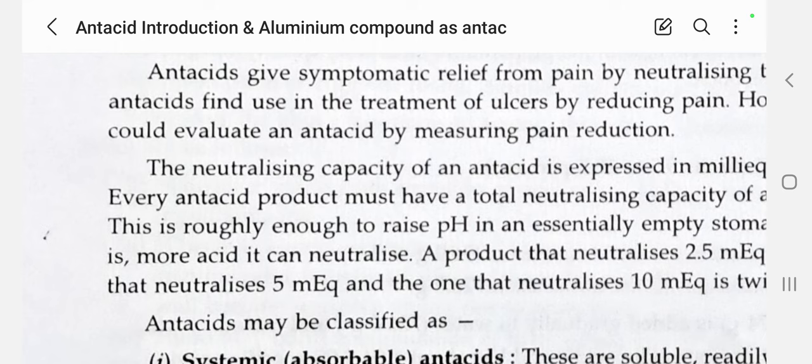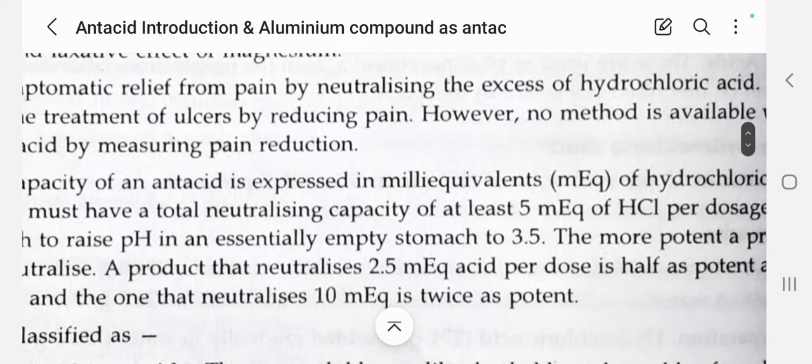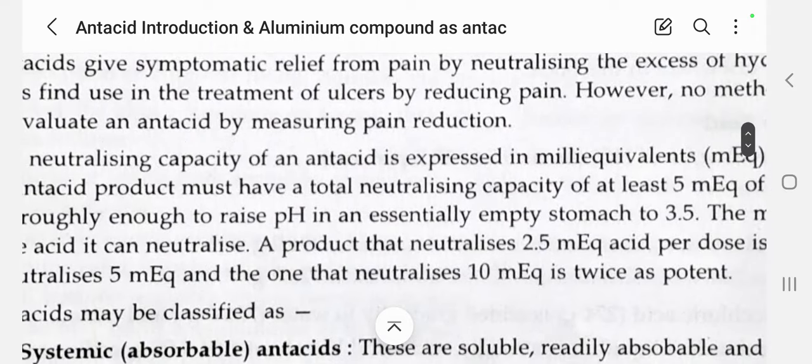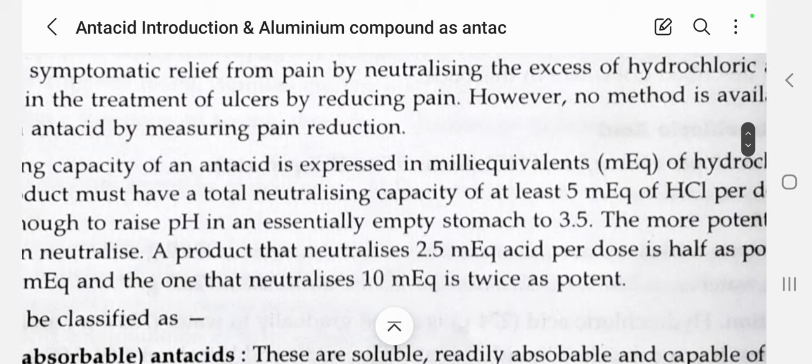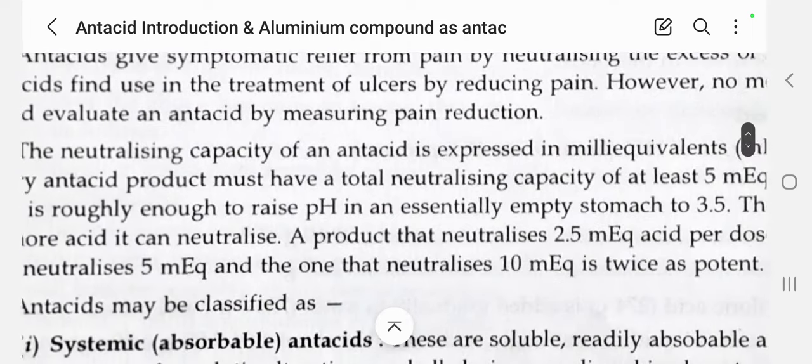Next, the neutralizing capacity of an antacid is expressed in milliequivalents, or mEq, of hydrochloric acid.